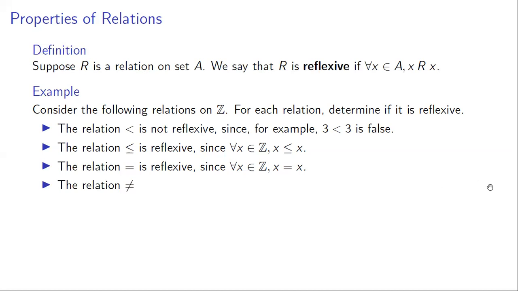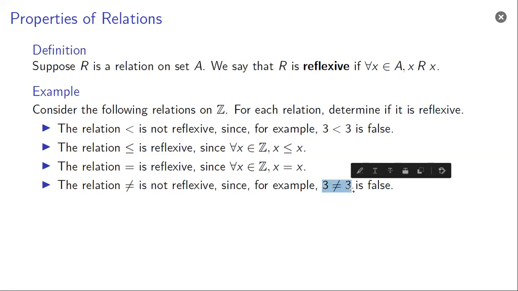Another example. How about the relation not equals? This is a relation that indicates that one integer is not equal to another integer. So is this relation reflexive? It is not reflexive. For example, if I tell you 3 is not equal to 3, that is false.